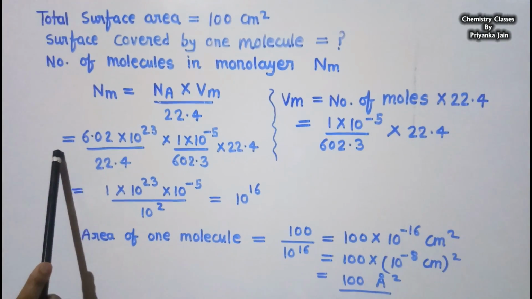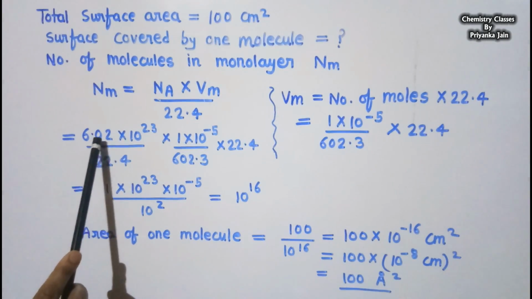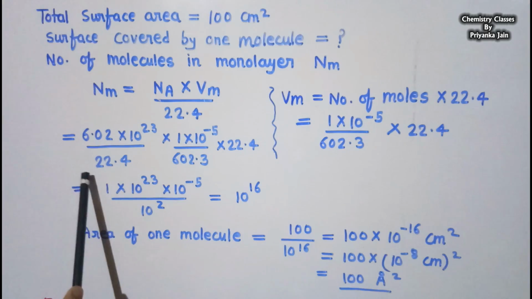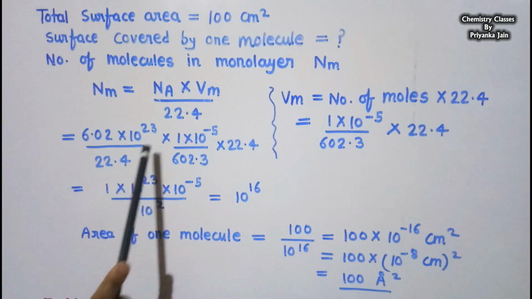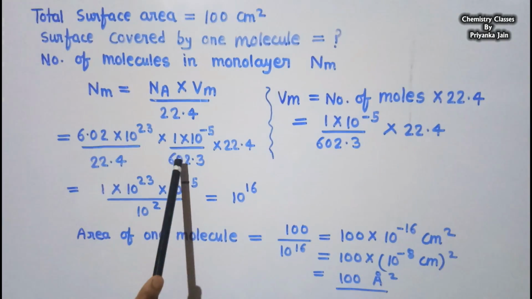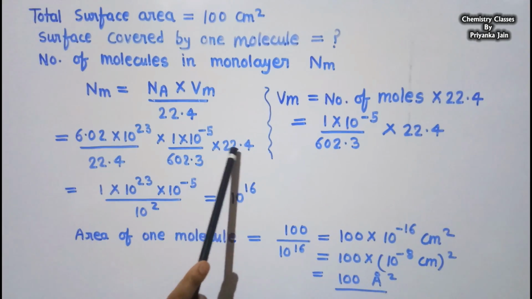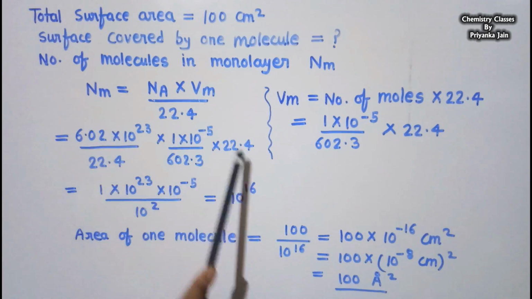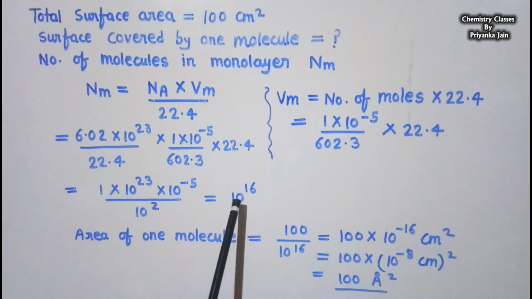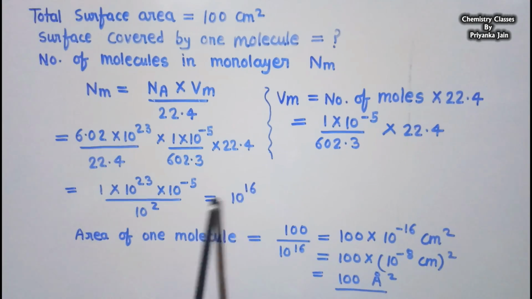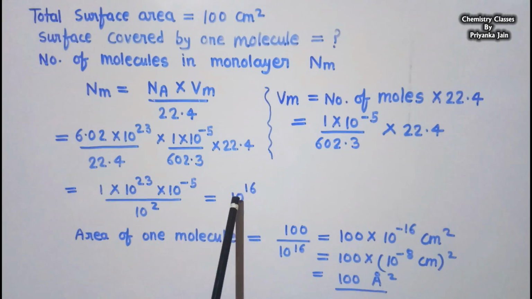So our equation becomes n sub m equal to 6.02 × 10^23 divided by 22.4, times 1 × 10^-5 divided by 602.3, times 22.4. If we calculate this value, we get 10^16. This is the number of molecules forming the monolayer, and we have the total area.